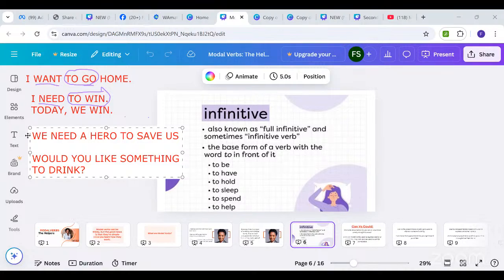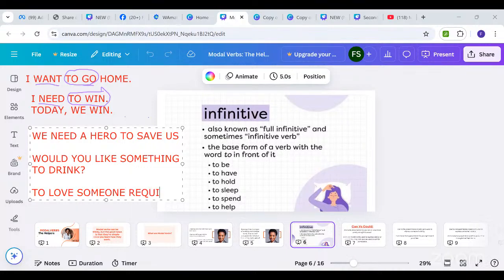We already talked about what the subject is. So, for example, if I have a sentence like, to love someone requires understanding. So I have the infinitive to love.